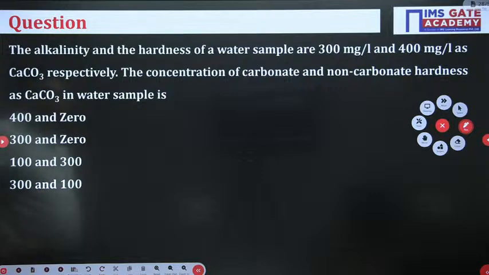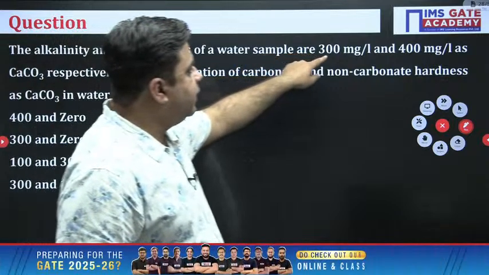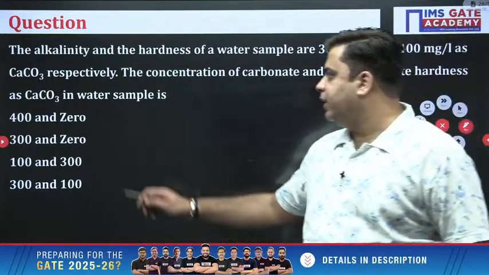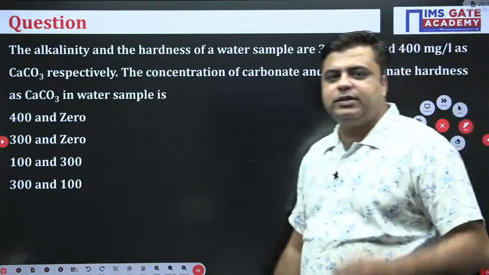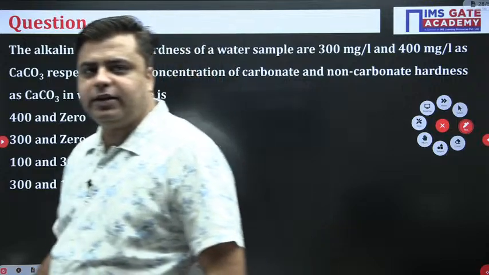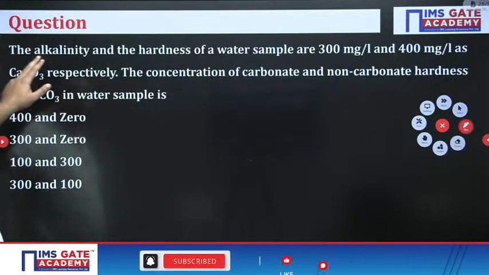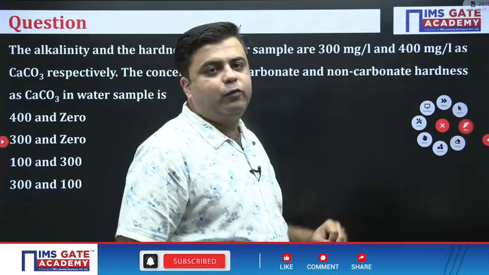The alkalinity and the hardness of the water sample are 300 milligram per liter and 400 milligram per liter, and you need to find out the concentration of carbonate and non-carbonate hardness. Easiest question of all time.